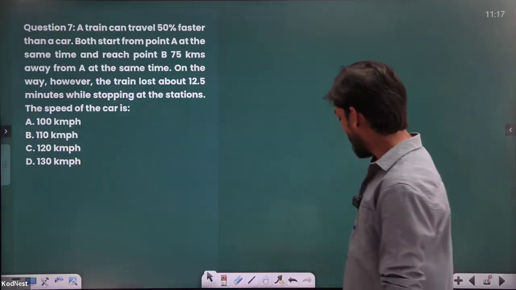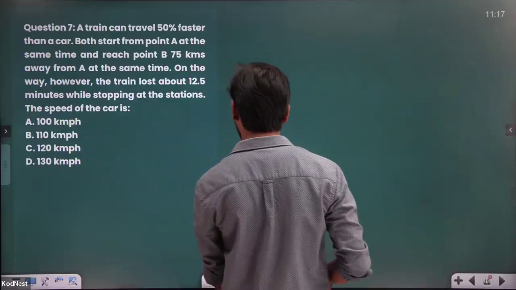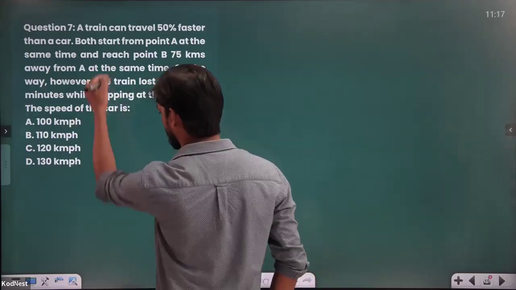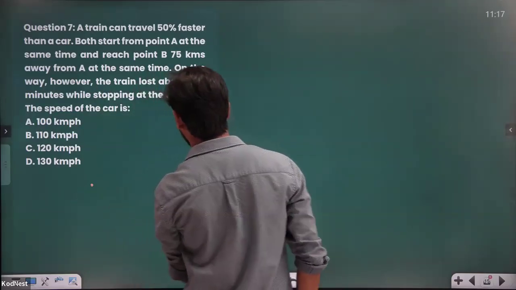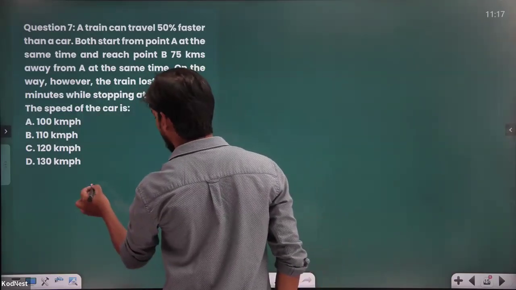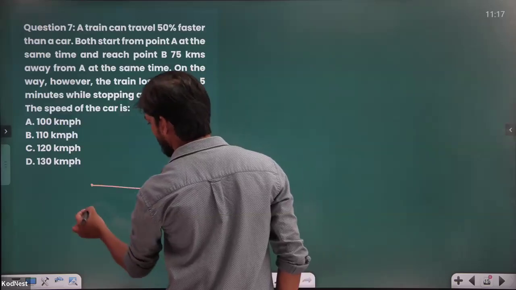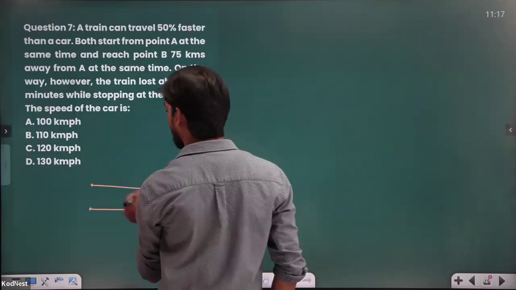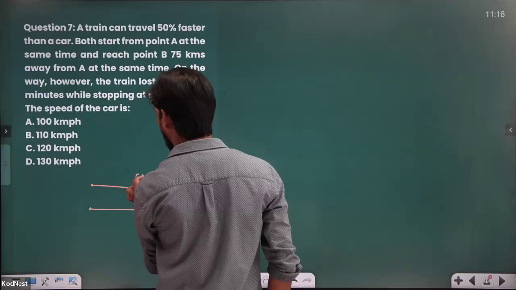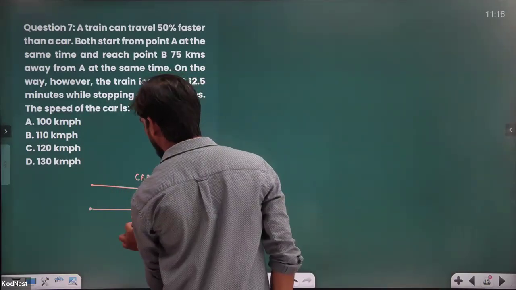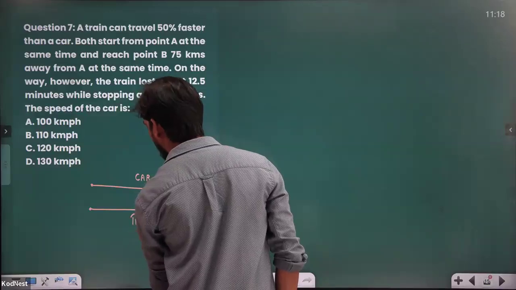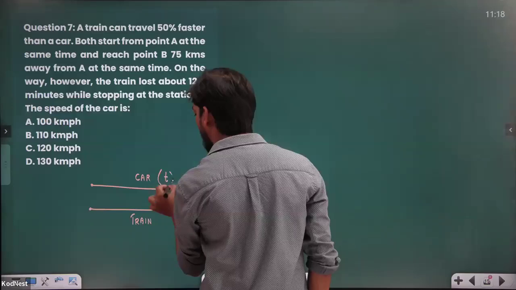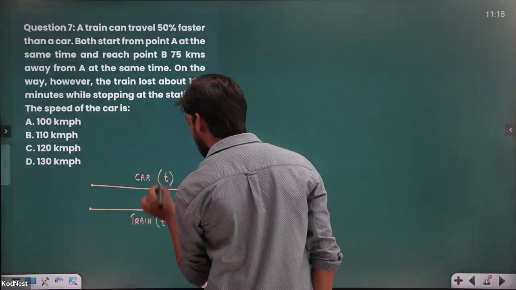So think of it this way. Okay, the car is taking time t. The train also is taking time t.